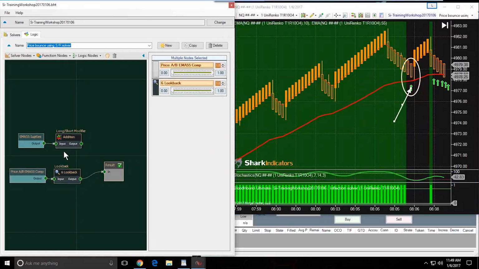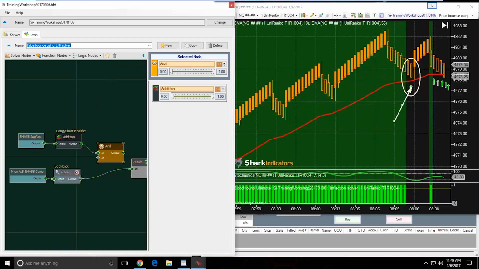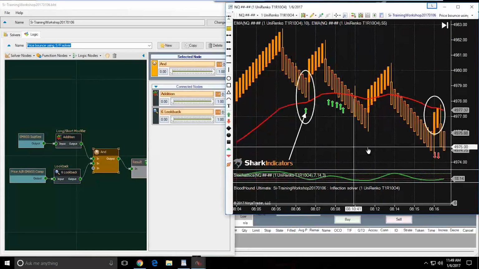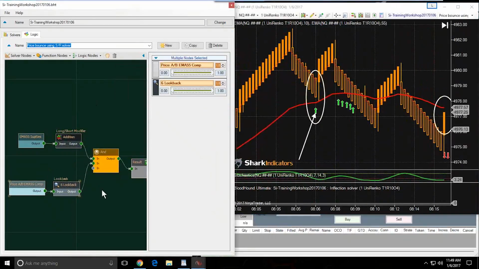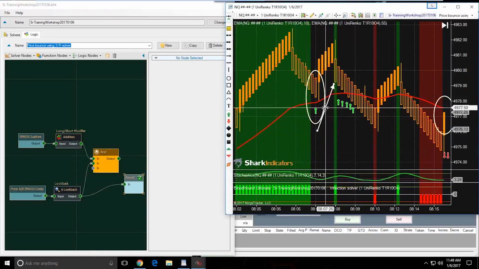The issue with that is that if we use an AND node to connect these two groups of logic together, we basically get nothing. We get zippo. We get nothing because our trend detection logic never has an output on the bars where price gets close enough. Remember, I marked them with an arrow.